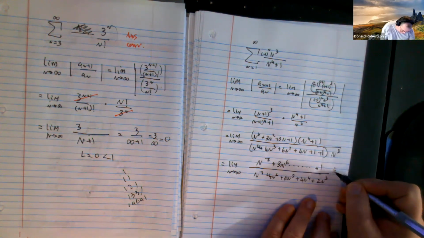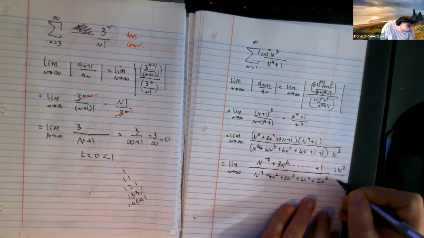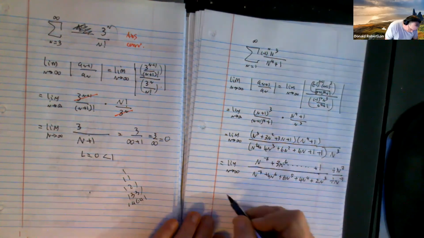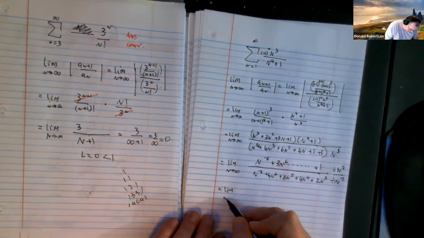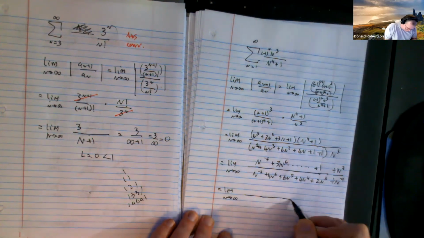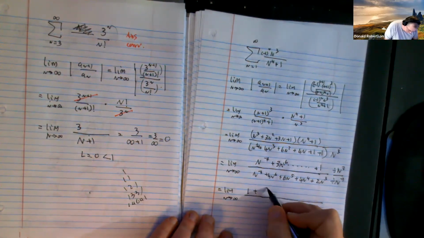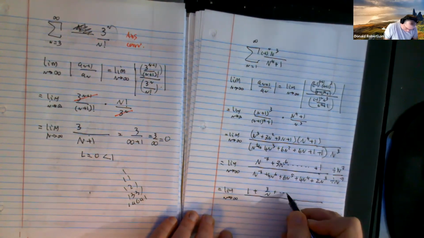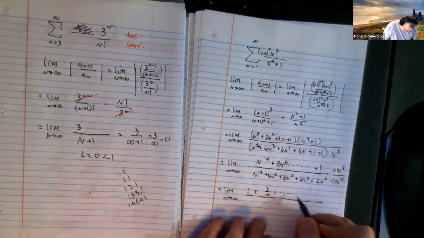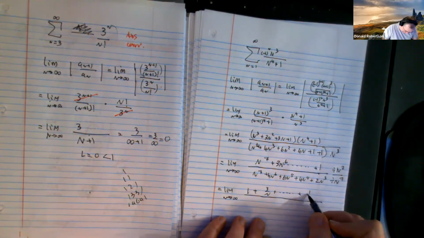So if I divide the top and bottom by n to the 7, I will get the limit as n tends to infinity of 1 plus 3 over n plus some other stuff like 3 over n squared and 5 over n cubed, and finishing with that guy.